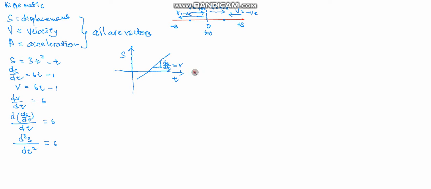Now, another example. Let's say you've got a different s function with respect to t, like that. How do you interpret this? By the time you reach here, the horizontal line, ds/dt is equal to 0.